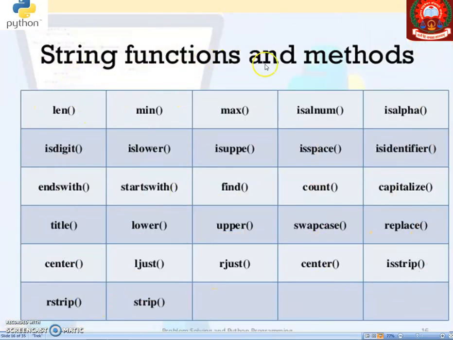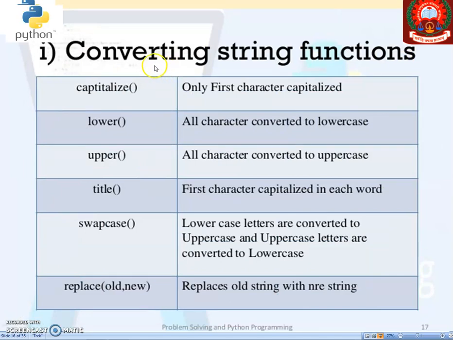So string functions and methods, we are going to see len, isdigit, title, minimum, lower, startswith, ljust, strip, maximum. All these are string functions and methods. Converting string functions means how we can convert. Capitalize: only the first character will be capital.